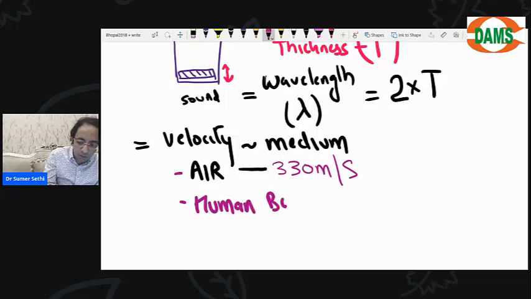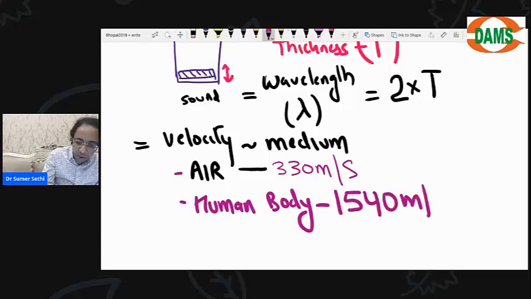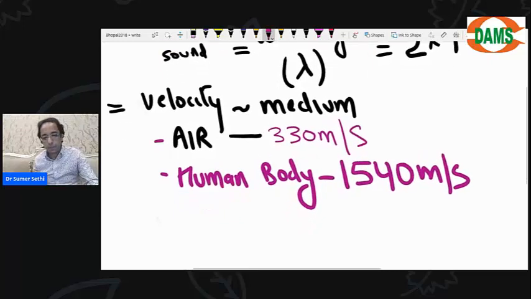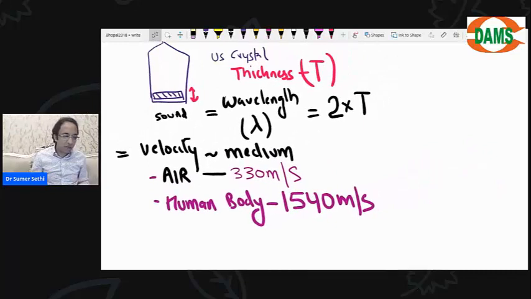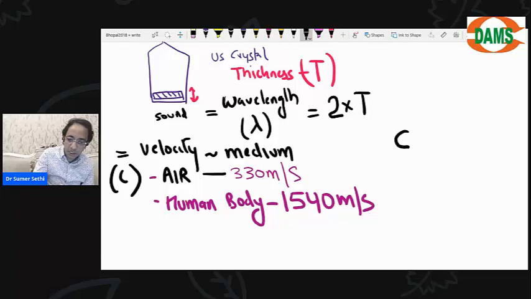You have to remember with me. Velocity of sound in the human body is 1540 meters per second. It's just a little bit of one physics equation I'm trying to develop. I'm going a little fast here, don't worry, just one line I want to teach. If velocity is written as c, and you already know it from school, and wavelength is written as lambda.